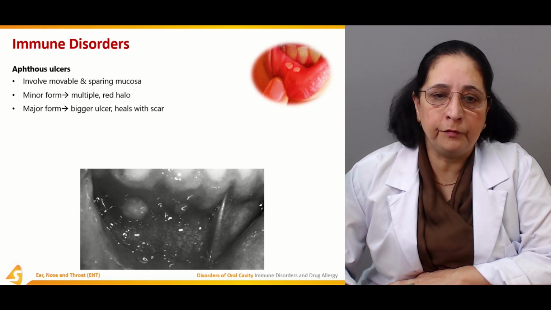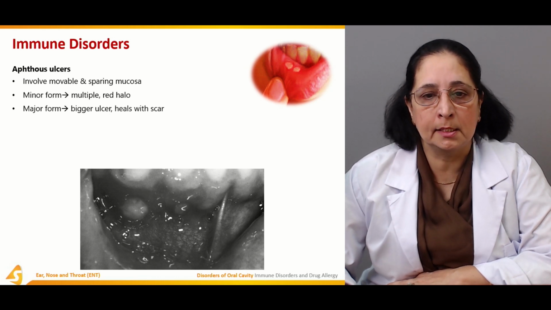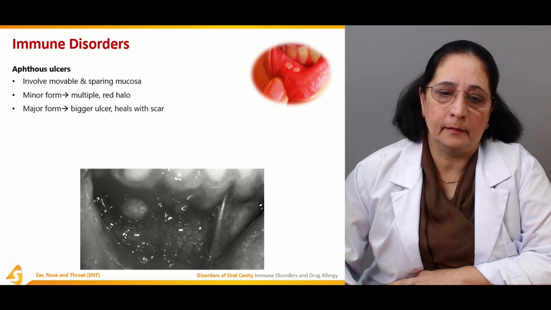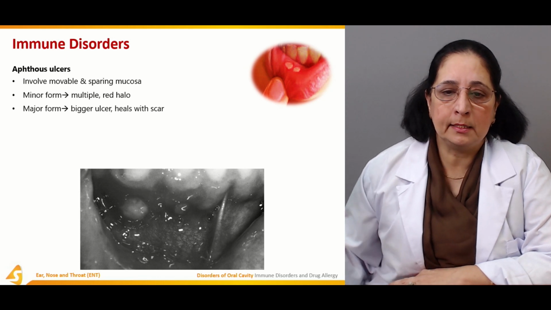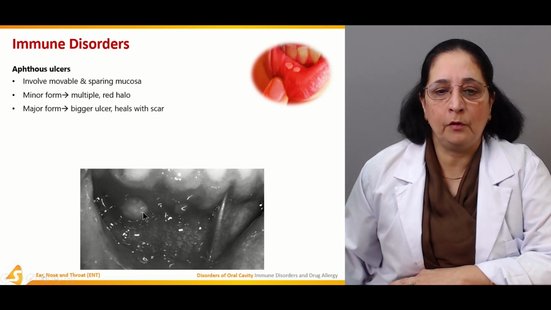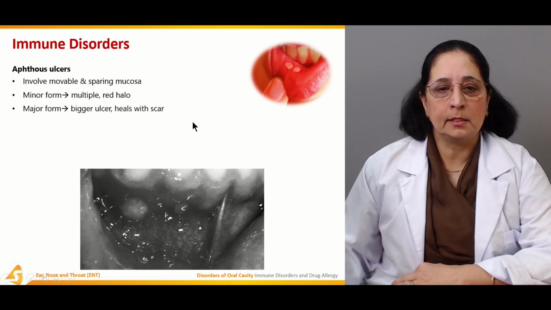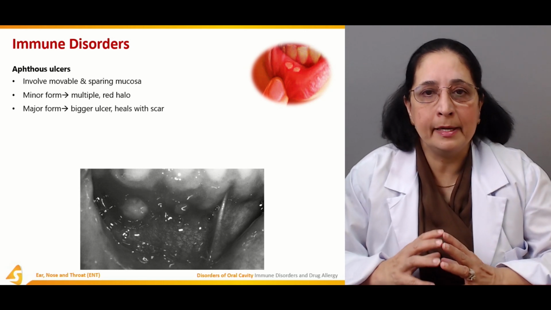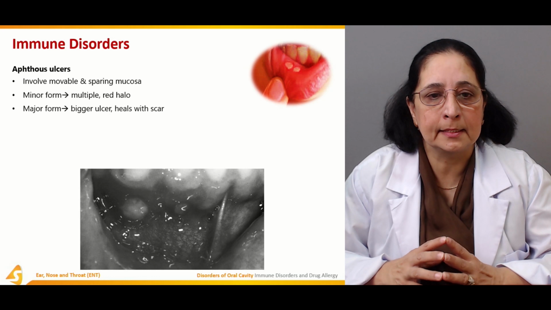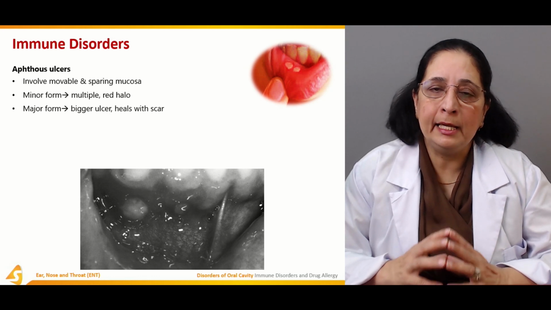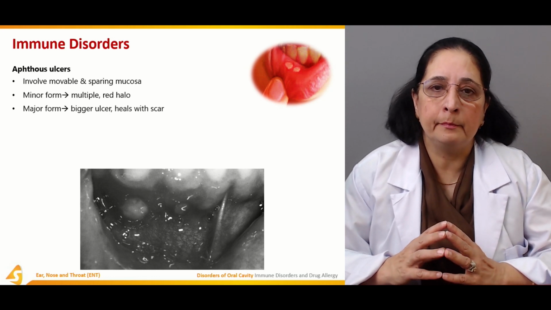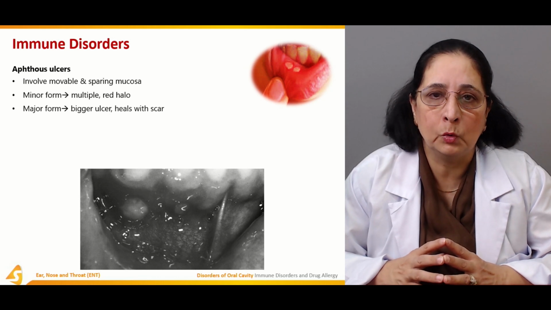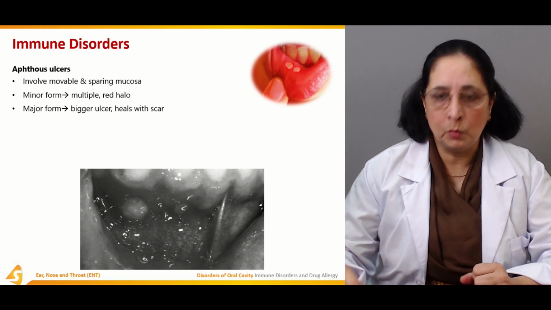In the major form, there are bigger ulcers that heal with scar. So big ulcers are in the major form, and small multiple red hollow ulcers are in the minor form of aphthous disease, and it mainly involves the movable type of mucosa. It's an immune disorder.